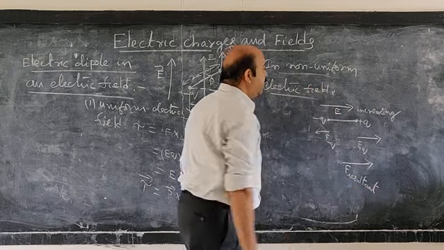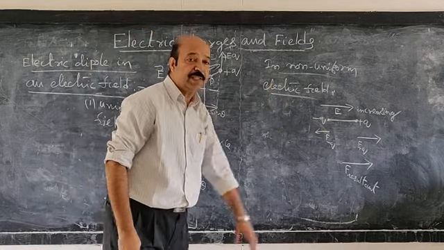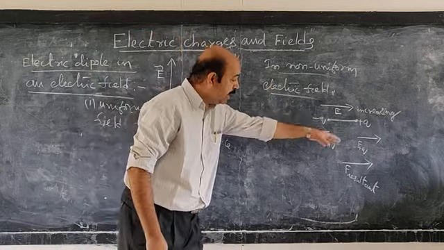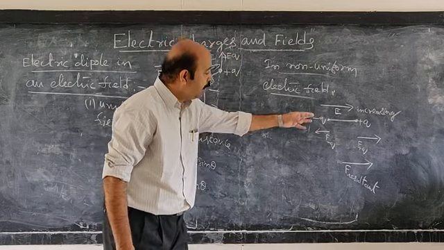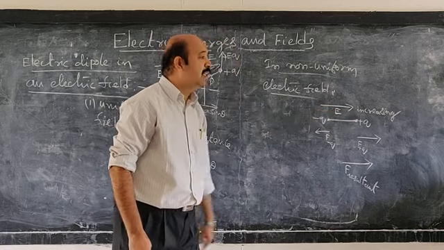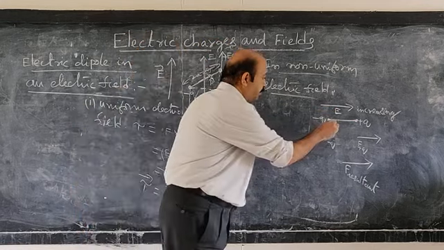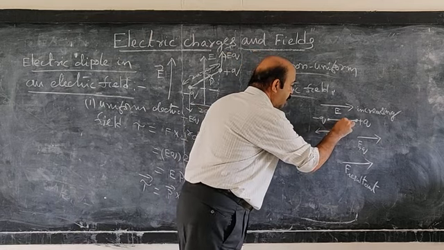So, in the case of a non-uniform electric field, the resultant force is not zero. It will experience a resultant force, and in this case, the resultant force will be in the increasing direction of the electric field, and this is the dipole direction.